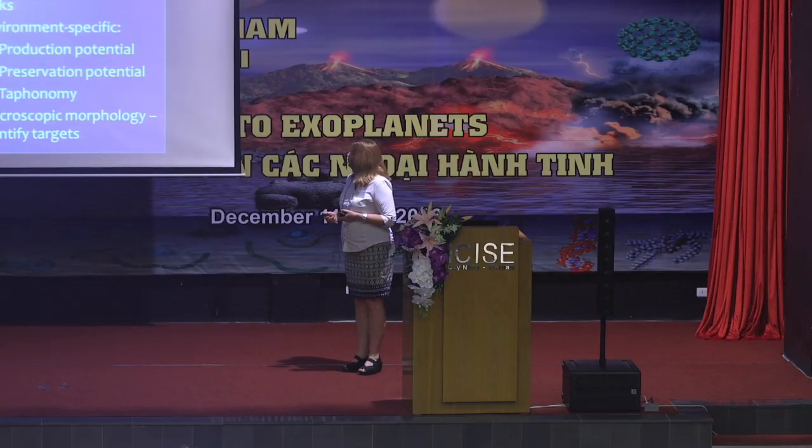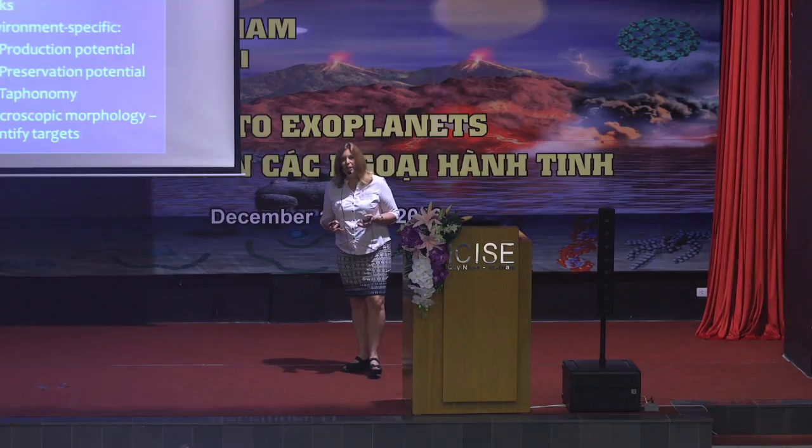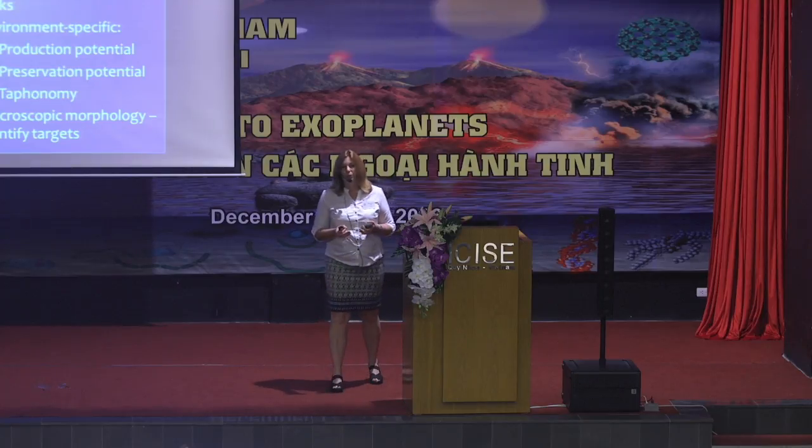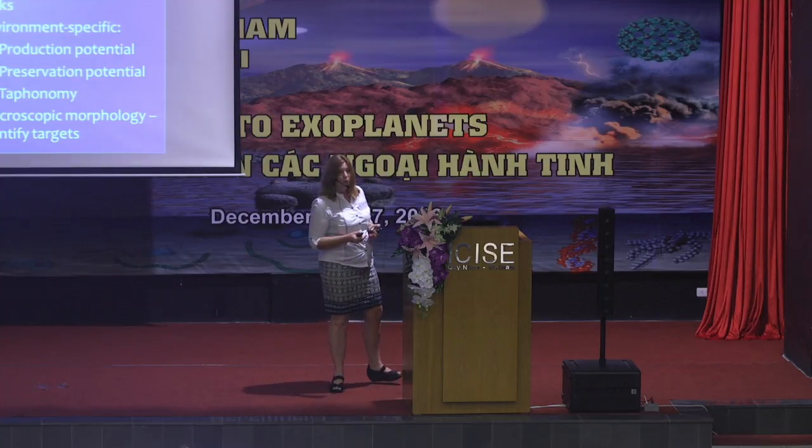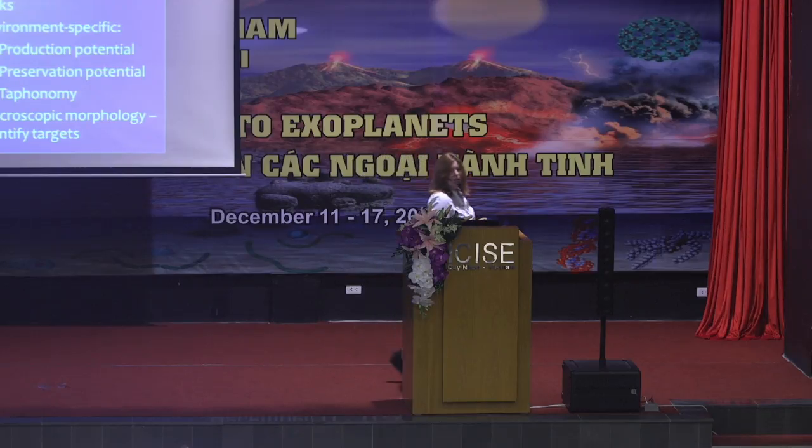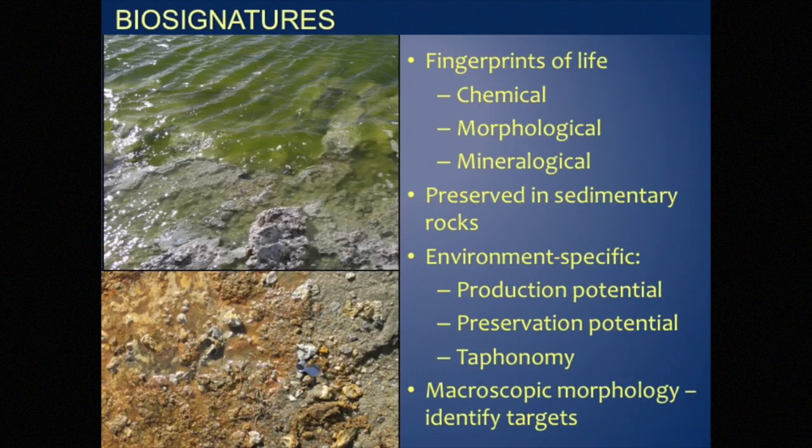When we're looking at biosignatures, and particularly at a strategy for extraterrestrial searches for these, such as on Mars, you need to look at the specific environment. You need an environment that has high production potential, and also high preservation potential.